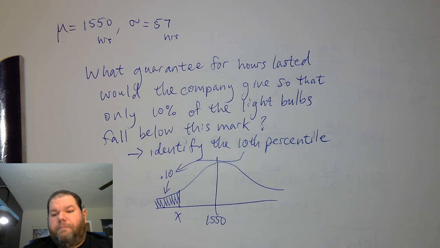Okay. And this is a little bit tricky, but basically we're reversing the process that we just did. We know what the area or the probability needs to be. We've pre-selected that, but we need to figure out what value that occurs at.